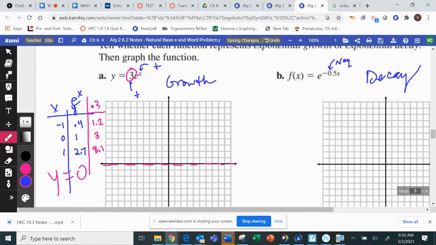I'm going to graph these points: -1, 1.2; 0, 3; and then 1, 8.1. This graph gets closer to the asymptote, it doesn't cross, and that's all you have to do.